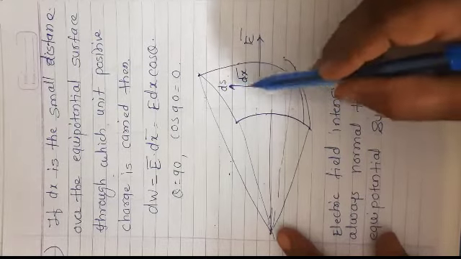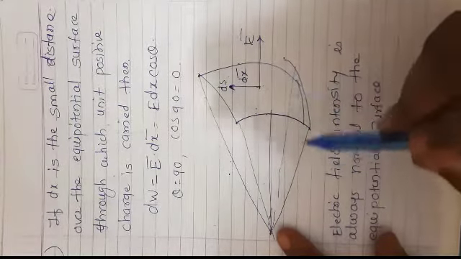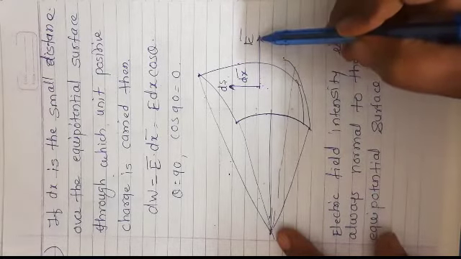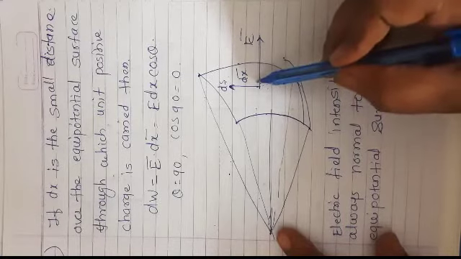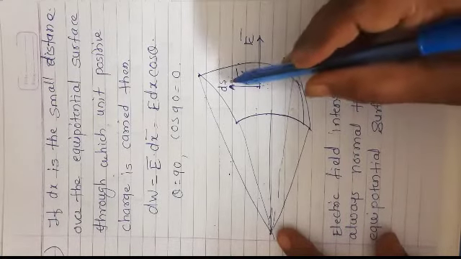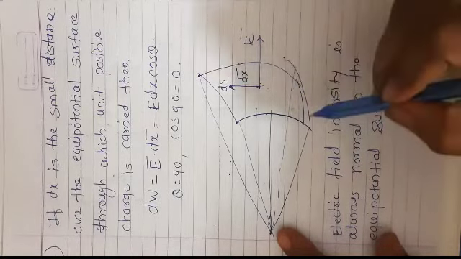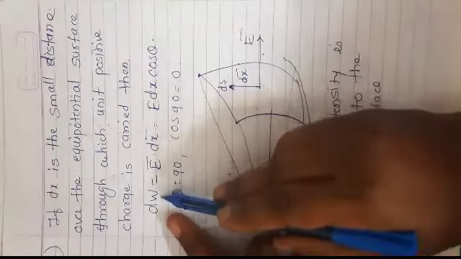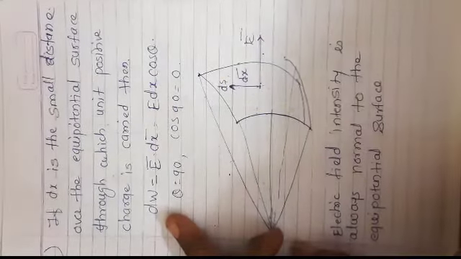This dx is perpendicular to the electric field intensity. Whenever the charge is moved, work is done, and the formula for the work done is E bar into dx bar.